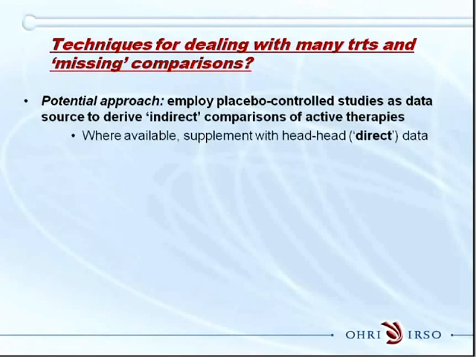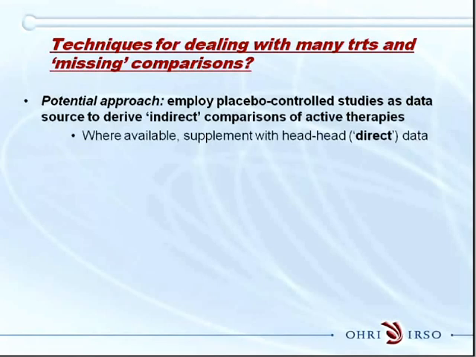So the idea there is we may not have a study comparing A versus B, but under certain assumptions, which we'll talk about a little bit later, if we can consider placebo to be a sufficiently adequate adjoining treatment for us to compare A and B, with a little bit of mathematics, we can derive what we call indirect comparisons.